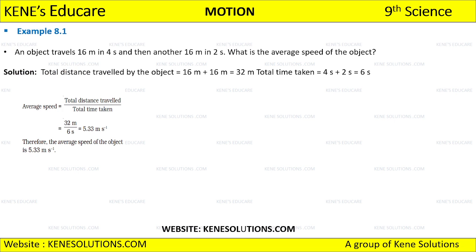Then after this, I guess we had an example as well. This example shows you the exact information, how you can calculate the average speed, right? So I want you all to please be quick with it as well.